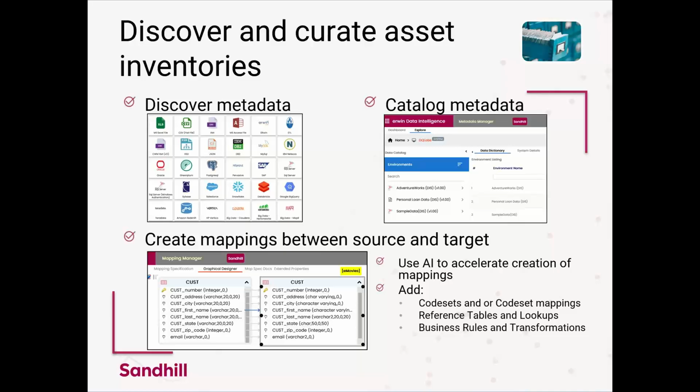And of course, if we're looking at the metadata, one of the other key things we want to do, as well as understanding the data structures, is to understand and catalog the source metadata that we've got. We can also create a target metadata and understand what the target metadata is going to be, as well as the mappings between the source and the target.